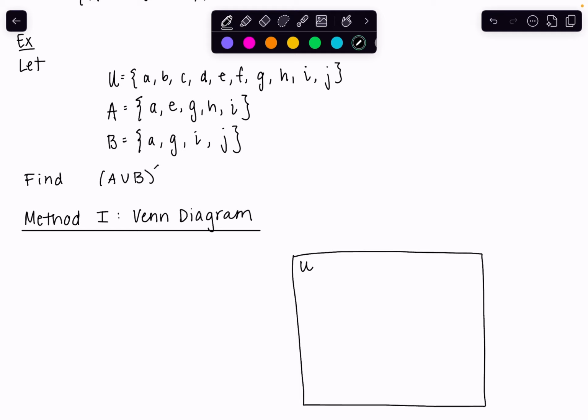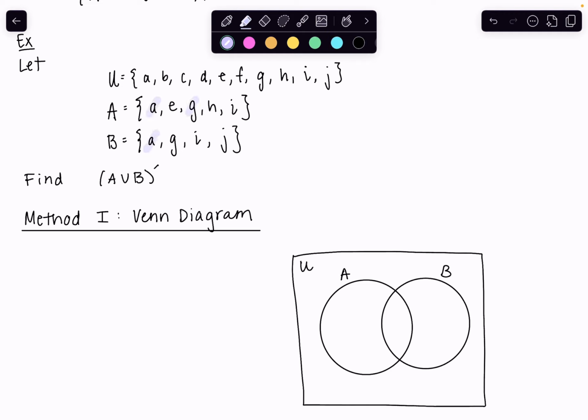And then I've got my two sets A and B. Starting out in the middle, A is common to both, G is common to both, and I is common to both. So those three letters have to go in there. So let's cross those off. A, G, and I have found a home.